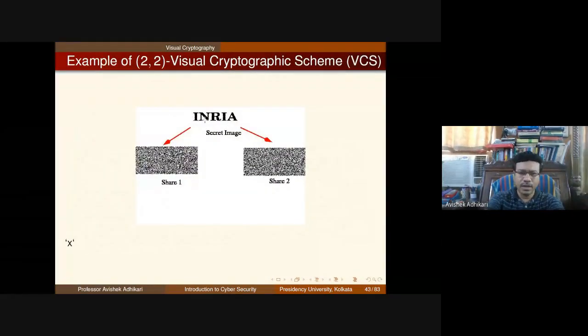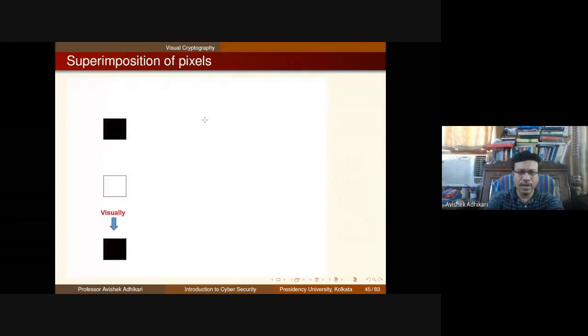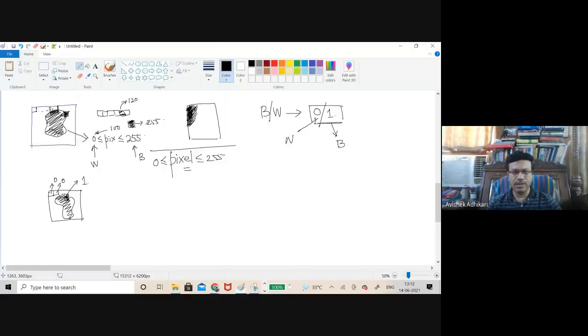Now let us try to understand what the basic idea behind that is. Suppose I have this black pixel and I print it over a transparent sheet. Now if I ask you a simple question, suppose I have taken a printout on an A4 size paper, and suppose I have written something in black and printed it out.